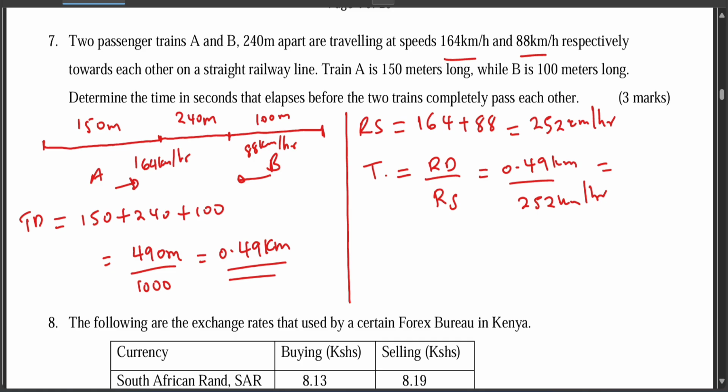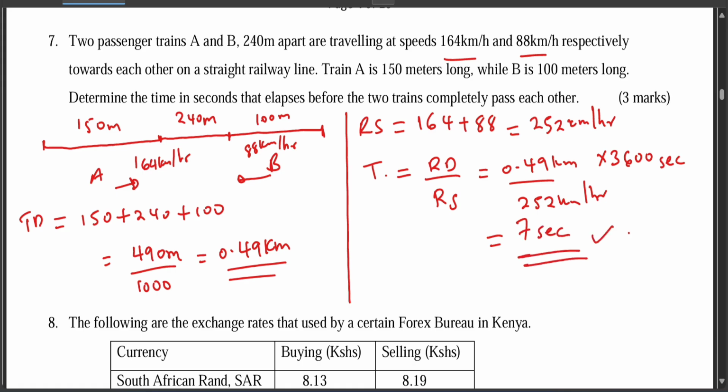So 0.49 divided by 252 should give you, but remember, whatever answer you get will be in terms of hours, and most probably it will be a very small number. So whatever answer you get, you multiply by 3600 seconds to change it into seconds. So times 3600 gives you 7 seconds.